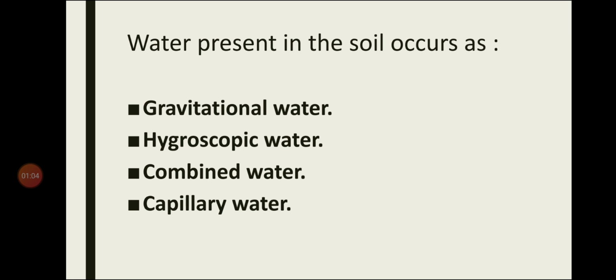There are 4 different types of water present in soil: gravitational water, hygroscopic water, combined water, and capillary water. One by one we will study the different types of water and which type is available to the plants for absorption.